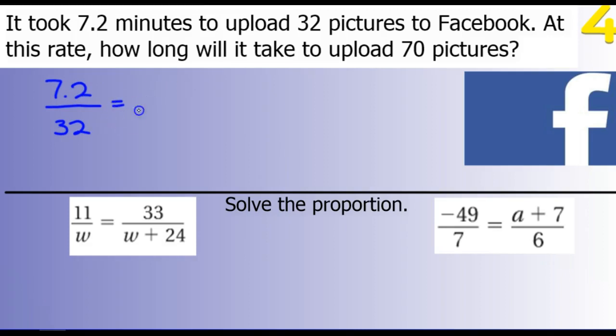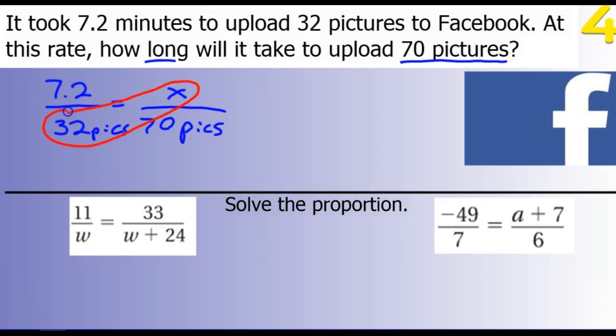We know that we want to upload 70 pictures. So I'm going to line that 70 up with my 32 because they're both pictures. We don't know how long it will take, so I'm going to put an x there. So now we can cross multiply.